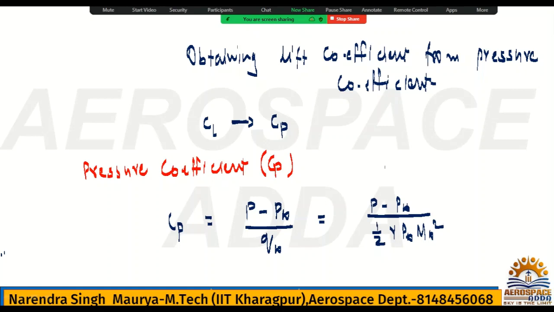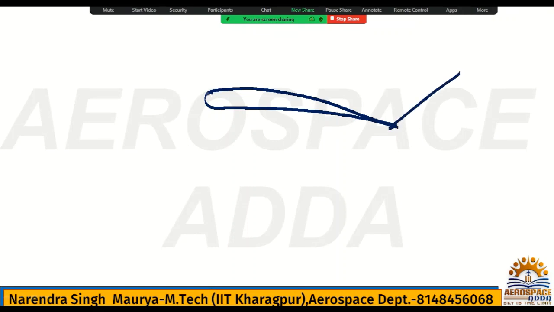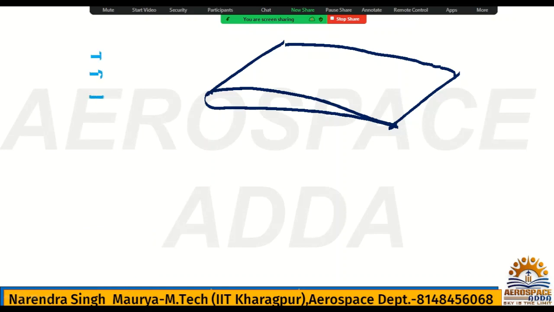If I show you, suppose this is the airfoil here, and the airfoil is the cross section of the wing, so I am just drawing the wing also. So this is the wing. Suppose flow is there, so there will be a distribution of pressure. Why? Because the wing is submerged inside the fluid, and the fluid is air. So obviously there will be pressure also, maybe dynamic pressure, maybe static pressure.